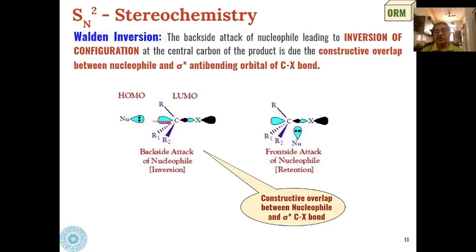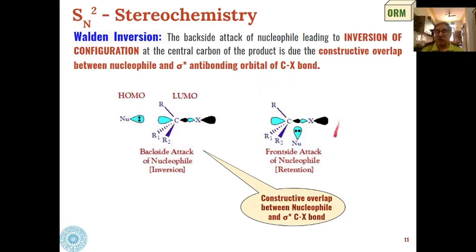So if we see this, if the nucleophile attacks from the back side, the overlap will be a constructive overlap. But if the nucleophile attacks from the front side of the molecule, then this overlap cannot be a constructive overlap, and if the overlap is not constructive, that kind of bond formation cannot take place.